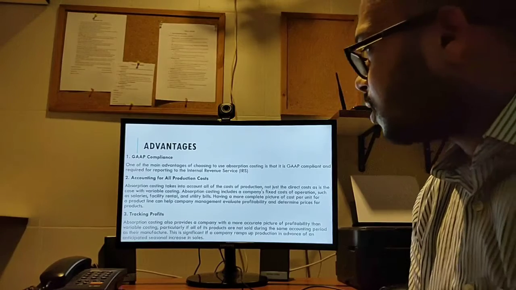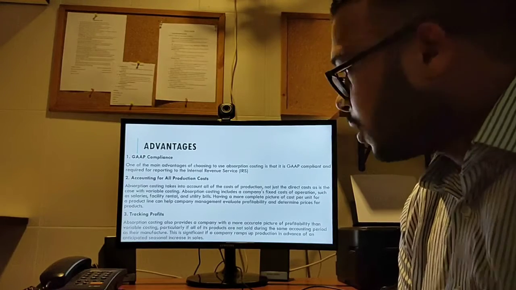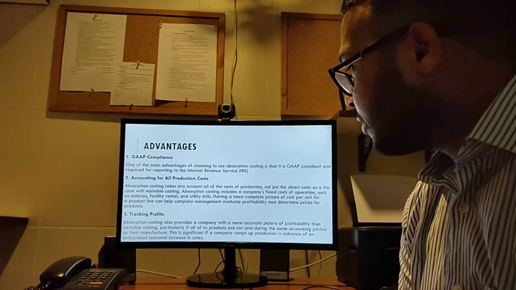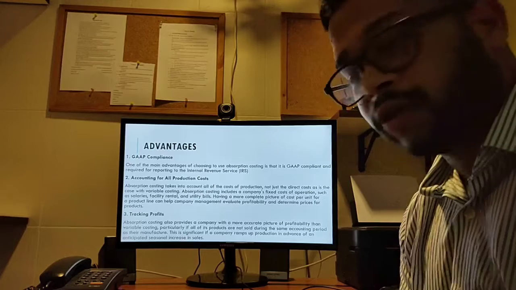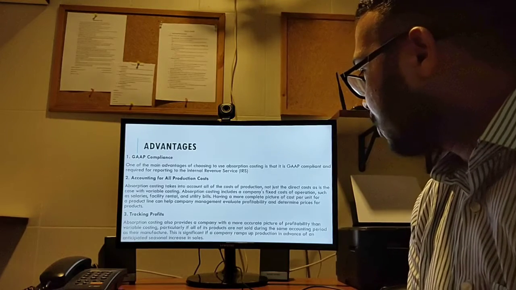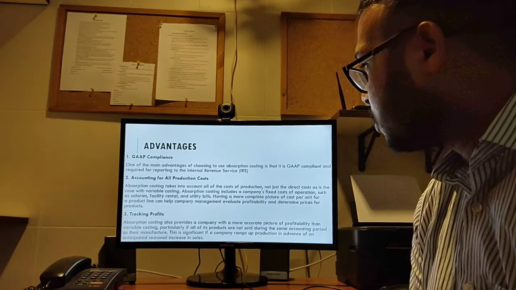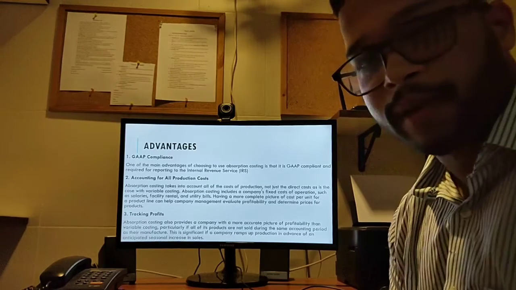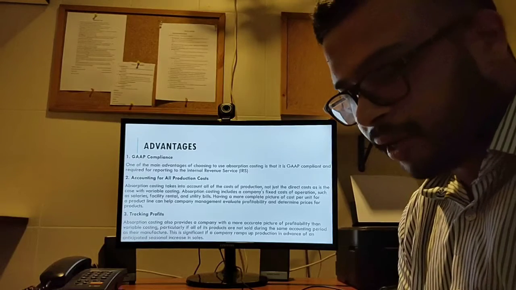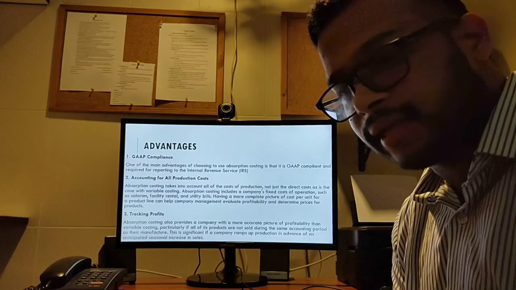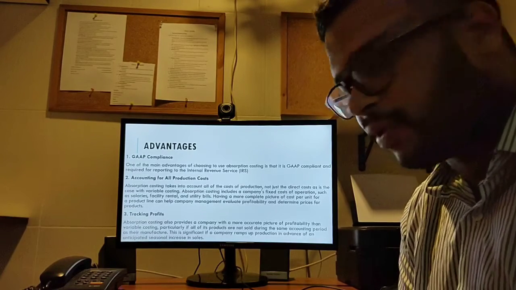Now the second thing is accounting for all production costs. Absorption costing takes into account all of the costs of production, not just the direct cost, as is the case with variable costing. Naturally, absorption costing consists of fixed and variable costs, not just variable.